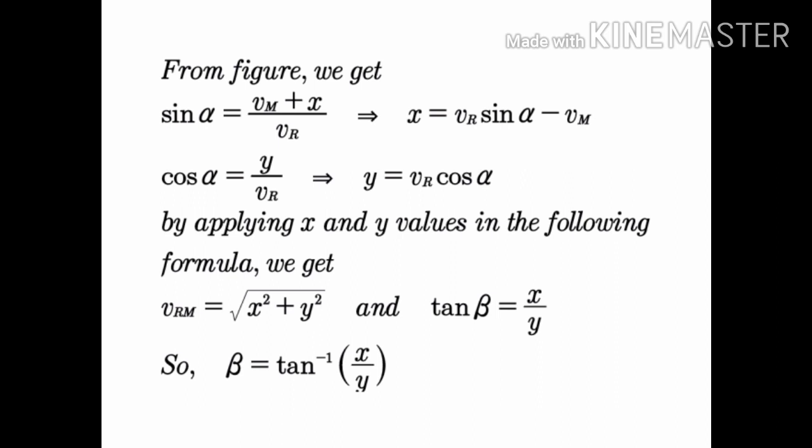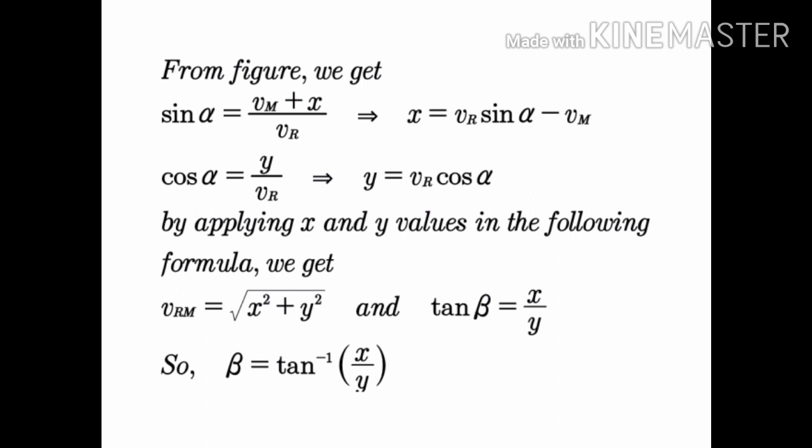To get x and y values, we can take sin alpha equal to (VM plus x) by VR, and cos alpha equal to y by VR. From those two equations we get x as VR sin alpha minus VM, and y is equal to VR cos alpha.